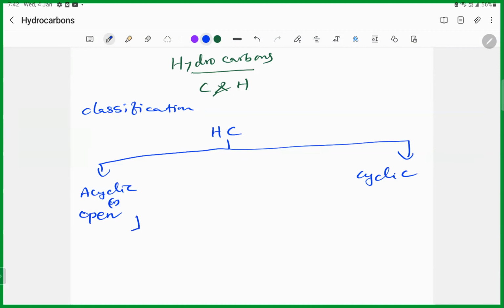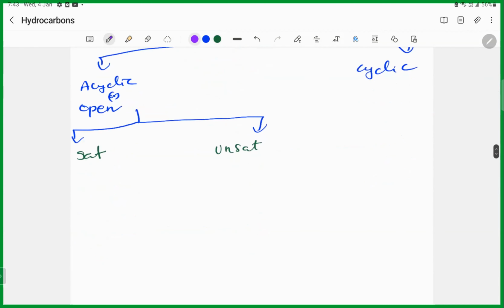These are again classified into two types: saturated open chain compounds and unsaturated open chain hydrocarbons. The saturated ones contain carbon-carbon single bonds, otherwise called alkanes, with the general formula CnH2n+2. The name should end with ANE, and the n value can start with 1.